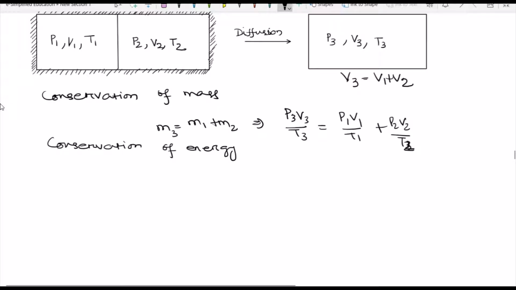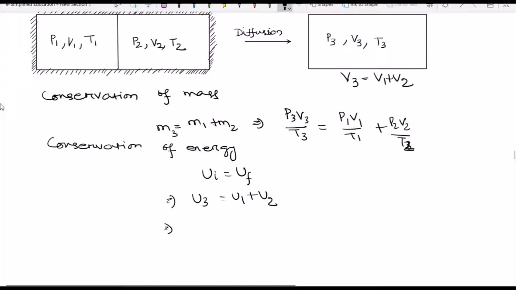as this is an isolated system, when the partition is removed, U initial will be U final, internal energy will remain the same, that means U3 equal to U1 plus U2.